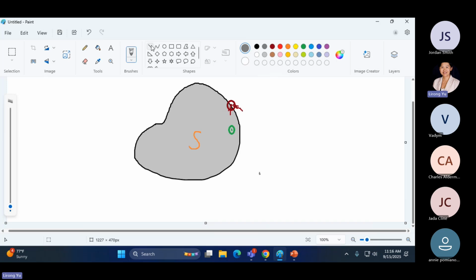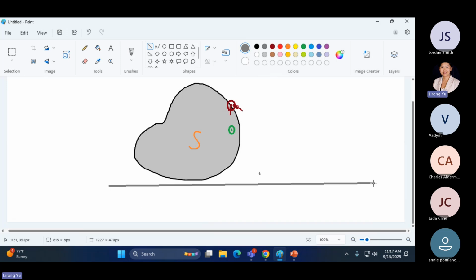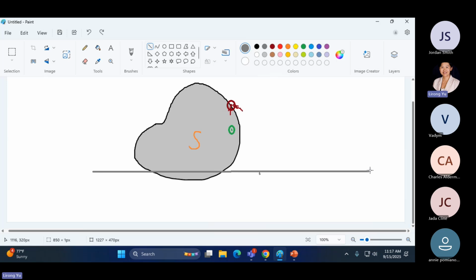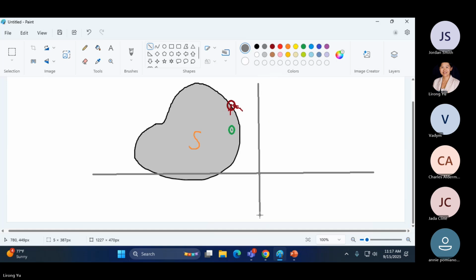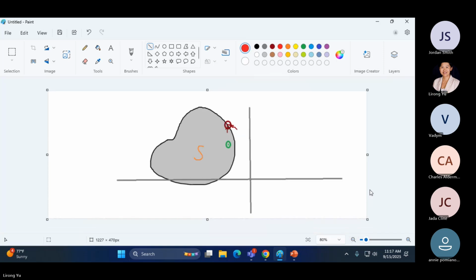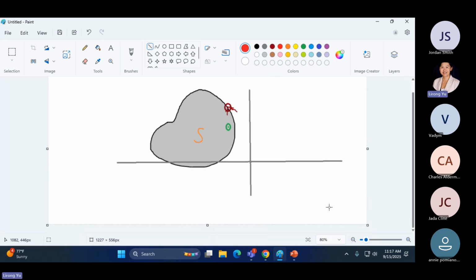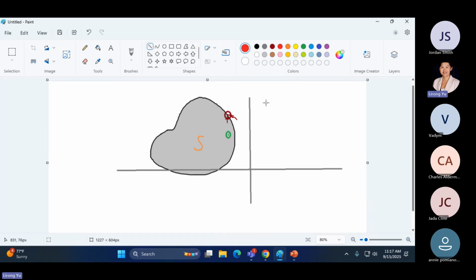Okay, and we can draw the x-axis and y-axis going through the origin. All right, so we can draw a circle, an open disk. Even though the region, the set S, is really large, you can always try to get the disk large enough.